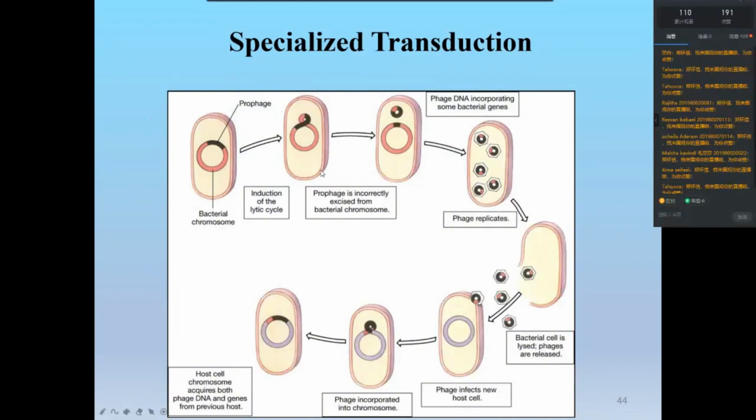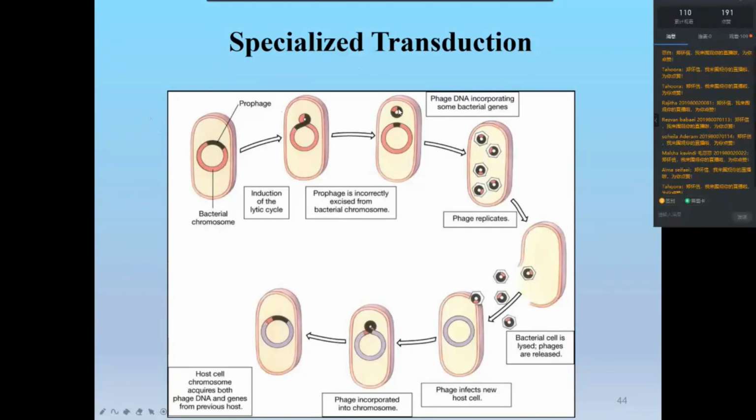But at some point, there might be some factors involved, maybe from outside, maybe due to nutrients or environmental factors, which can induce this prophage to leave the bacterial chromosome. This is what happens when the phage DNA leaves the chromosome here.